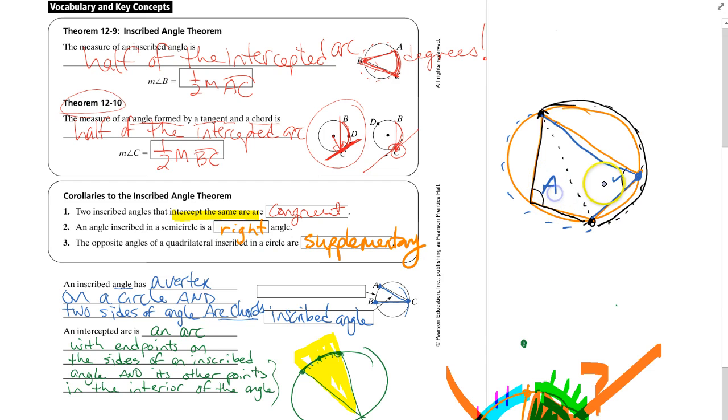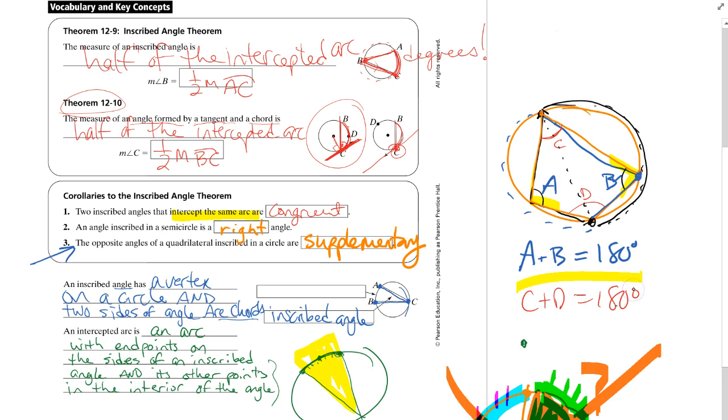If I call this A and this B, then I'm only saying A plus B equals 180. Remember, this doesn't tell you exactly what each angle will measure, only that the ones that are opposite from each other will add up to 180. Which also means, yes, that the corollary is true. If I call this C and I call this D, then C plus D together will be 180.